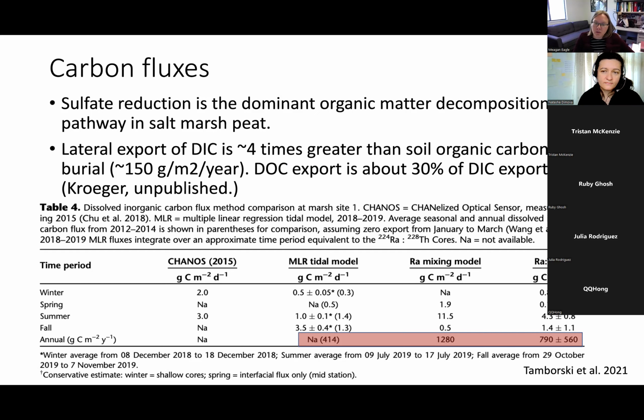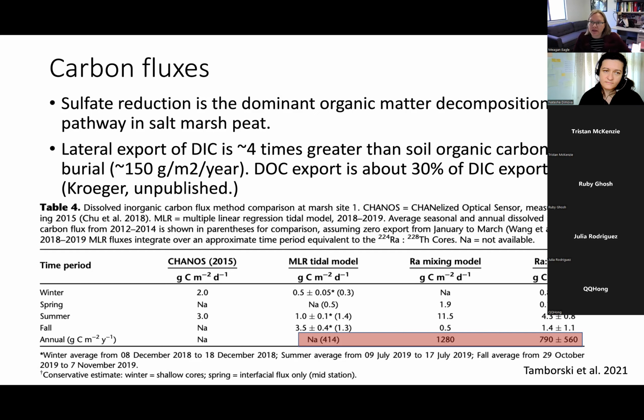And so, yes, this is about a 1 meter tidal amplitude. So it is microtidal, but it's not a lot. And we do see the greatest carbon fluxes occur both into the marsh and out of the marsh, coincident with the highest velocities, and our highest water velocities occur at the top of our tide, right before the flood-ebb change. That is where our velocities peak for our particular tidal system.